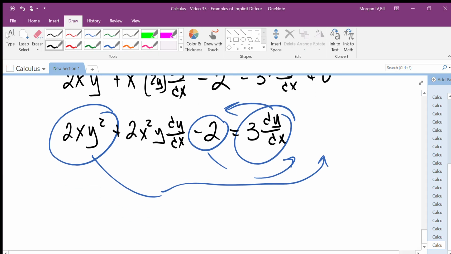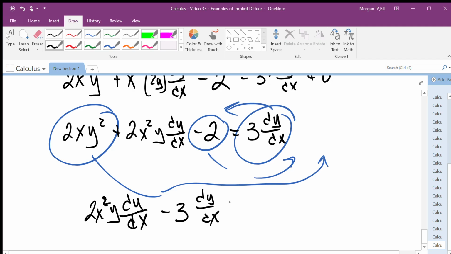The 2x squared y dy dx minus 3 dy dx is equal to, all right, moving these two over, I have a negative 2, so I'll add 2 to this side, make it positive 2. And on the left, I have a negative 2xy squared, so I'll have to subtract that. It becomes minus 2xy squared.